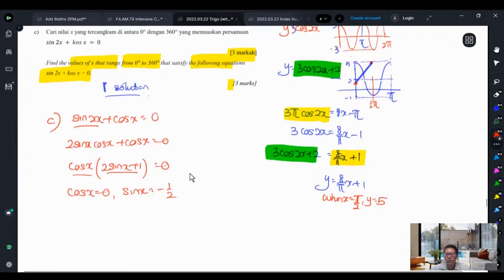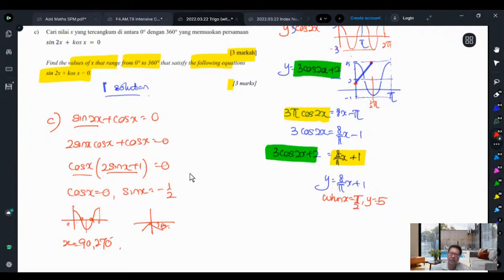So cos x equals to 0. I don't know how you memorize this one. For me, I will just simply plot the graph. Then I will have 0, 90, 180, 270, 360. So x equals to 90 and 270. And here, sine negative will be here, and the angle will be half.